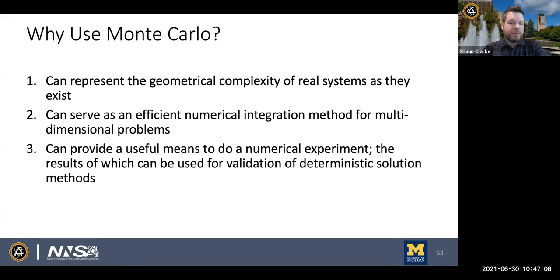It can serve as an efficient numerical integration method for multidimensional problems. Again, because it's all pointwise, there's no homogenization required. We can use it to solve very complex multidimensional problems. Because the particle transport in Monte Carlo can be seen as the analog of true particle transport, it can often be used as a benchmark for other deterministic methods when real experimental data are not present.